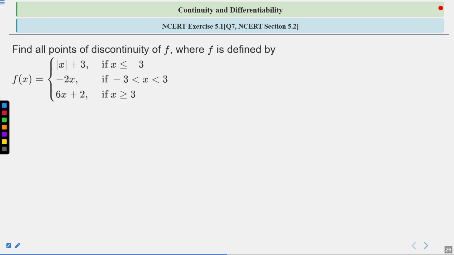What can we do in this type of question? We basically have to find the points of discontinuity, so we will check the discontinuity at negative 3 and 3.